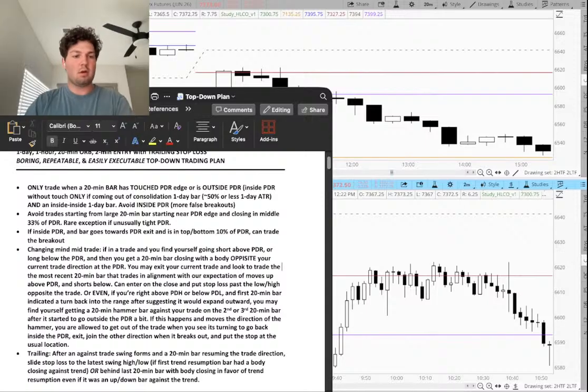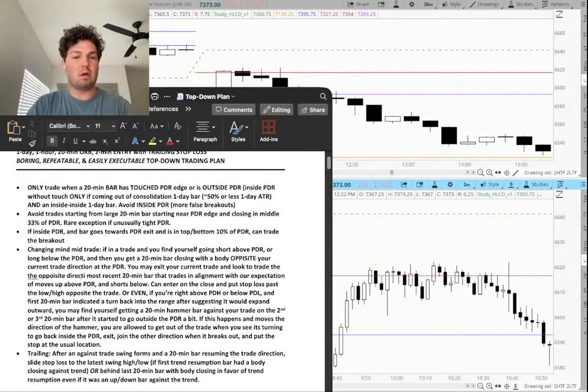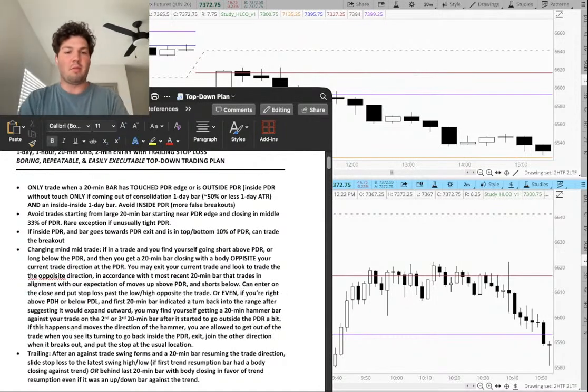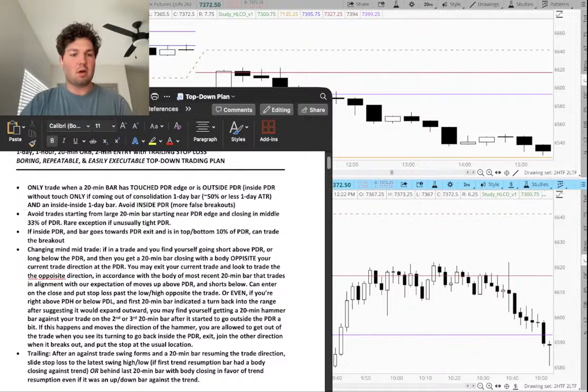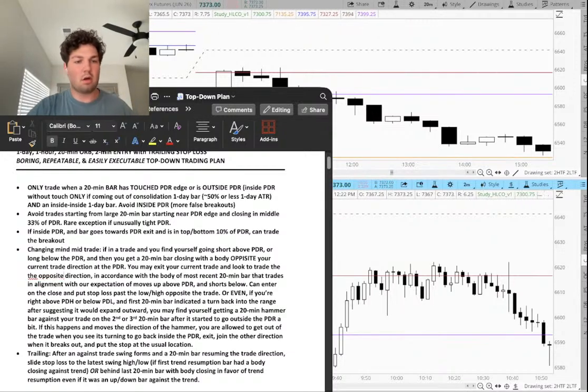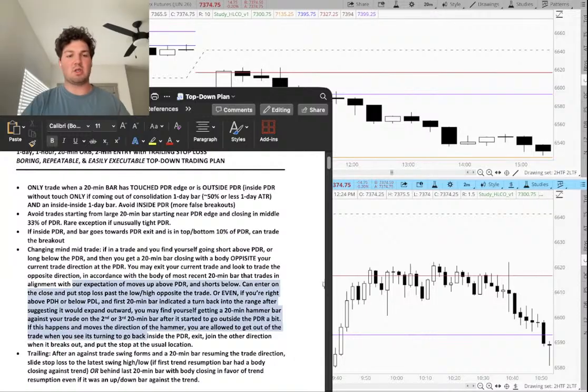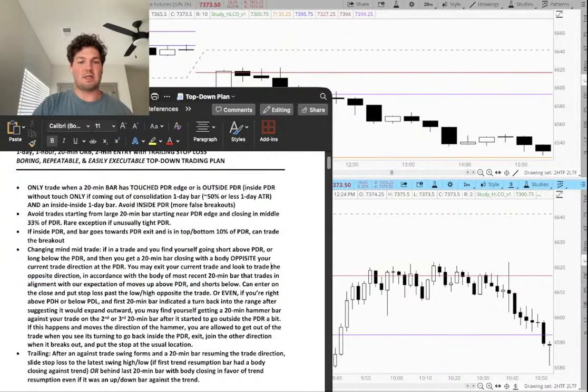In accordance with the body of the most recent 20-minute bar that trades in alignment with our expectation of longs above prior day range and shorts below, you can enter on the close and put stop loss past the high or low opposite the trade.